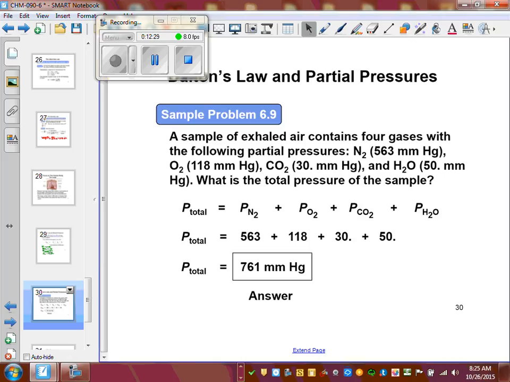Exhaled air. So for it to exhale, the pressure inside your lungs has to be greater. So it makes sense. This mixture inside your lungs has 761 millimeters of mercury of pressure. So when you open your mouth, it comes out.